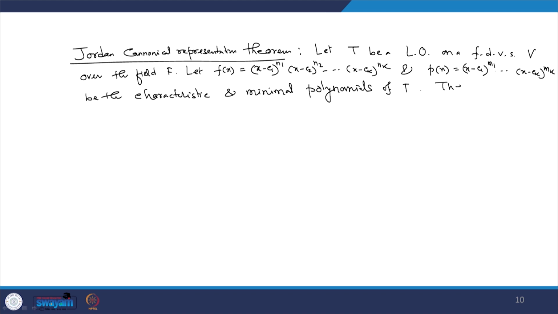Then T has a block diagonal representation.